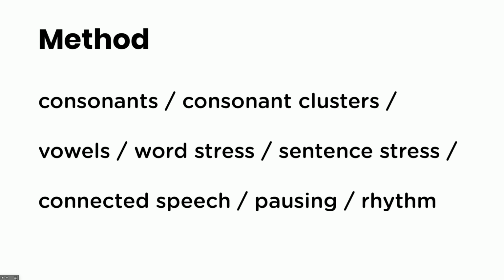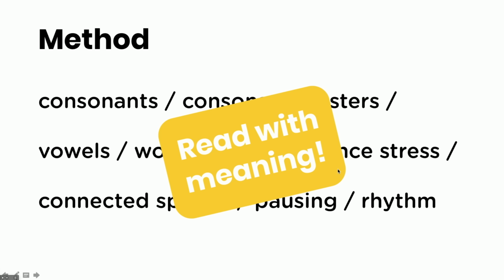So the method, as we have just discussed, consonants, consonant clusters, vowels, word stress, sentence stress, connected speech, pausing, and rhythm. But if we summarize all of this up into a single purposeful statement, it is this: read with meaning. That is, when you're preparing or rehearsing, when you get that paragraph, read it, whisper it, but read it to understand it, okay?